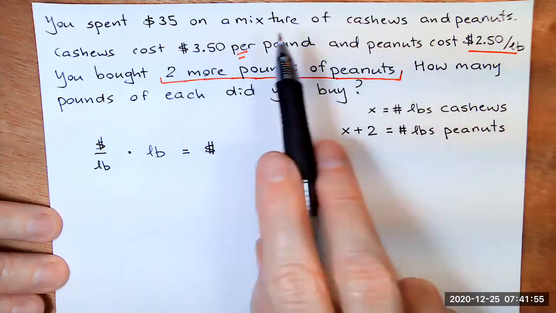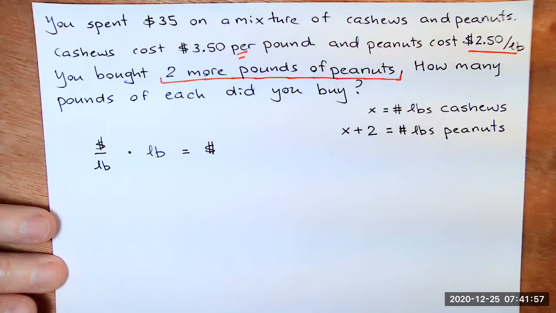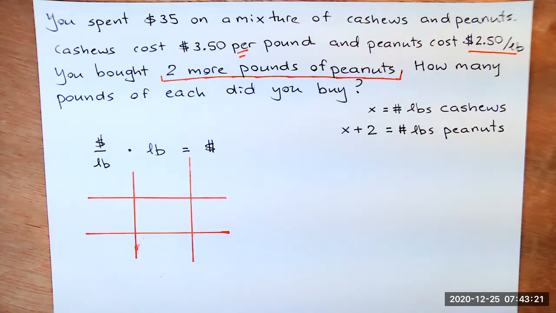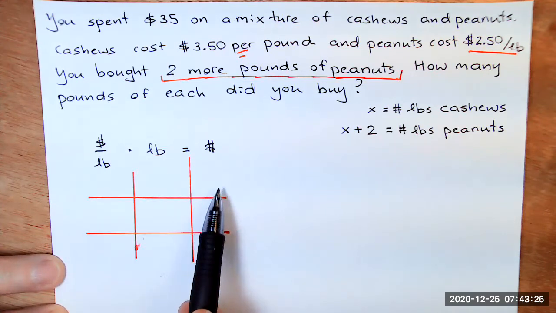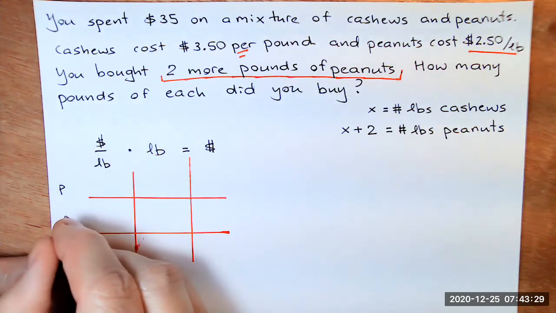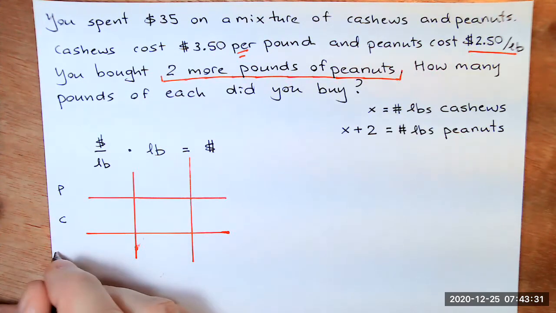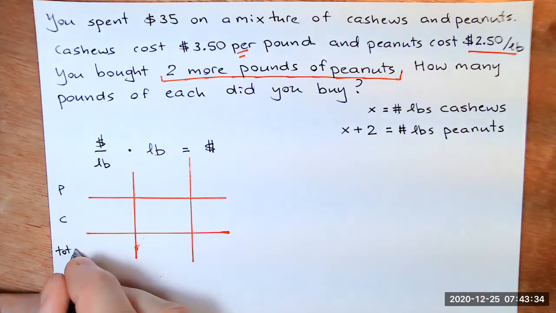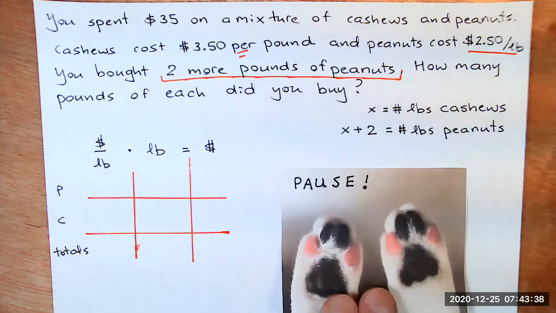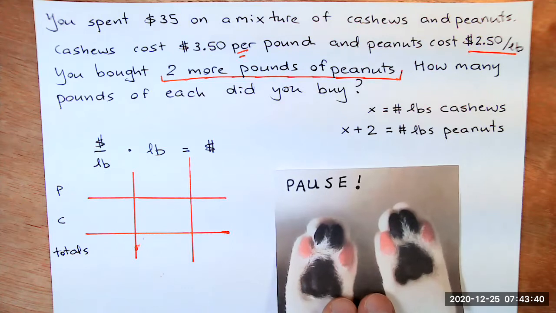And if there's more than one rate, it's often helpful to make a chart to organize your information. So I can make the first row our peanuts row, the second row our cashews row, and we can use this for totals if there are any. And if you haven't solved it already, I would hit pause here and fill it out.